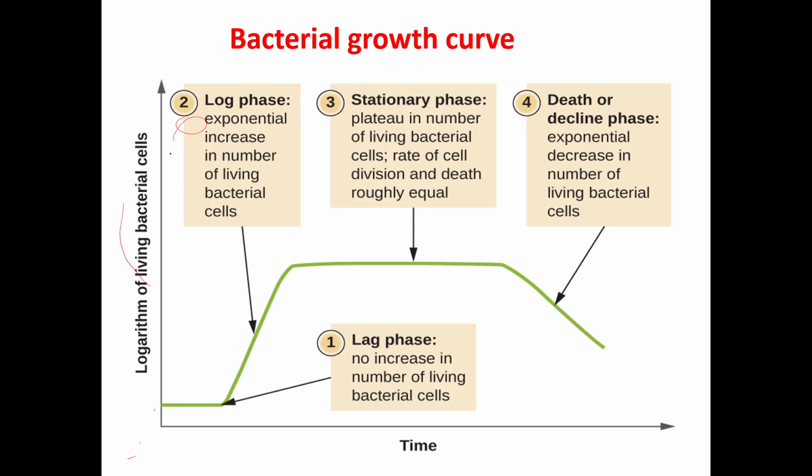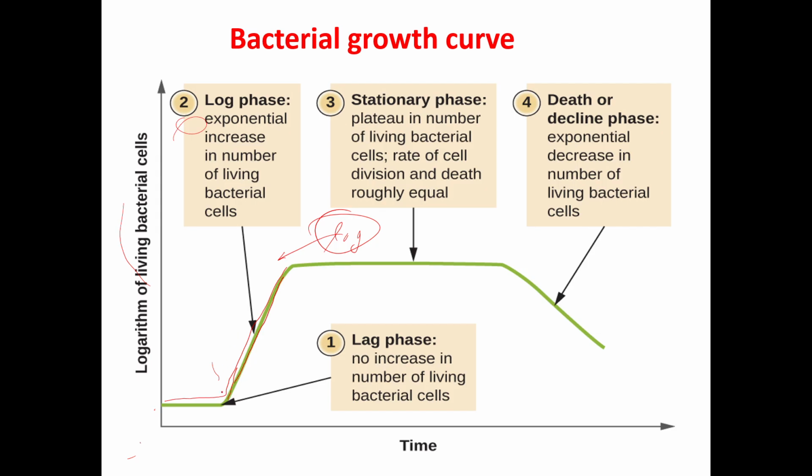Okay. Then the second one is the log phase. The log phase is the exponential phase. Look at this phase. From this state, it is exponentially increasing. We can say that it is the logarithmic phase. In this phase, we can see easily that it is increasing. In this stage, the number of cells is actually increasing. I mean, there is binary fission.